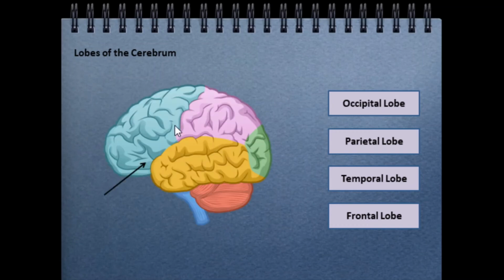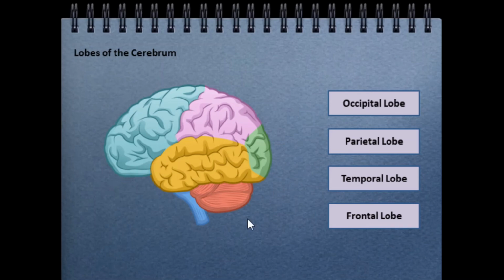It's the... Very good. It's the frontal lobe. Frontal lobe. This lobe is functioning for planning. Frontal lobe. Okay, let's move on to the next one.